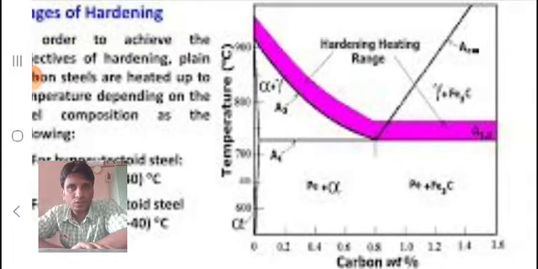So therefore we need to reduce the brittleness of the metal. In order to reduce the brittleness, we do tempering. All these things we discussed.